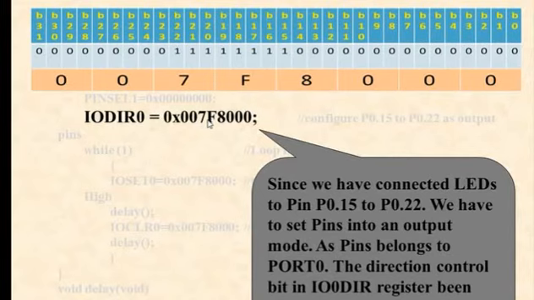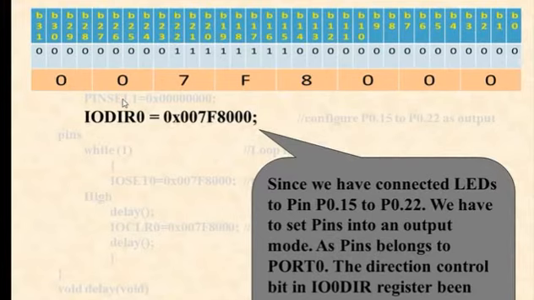In PIC the TRIS register is the same as in 8051 style, where 1 means input and 0 means output, but here it is the opposite: 0 means input and 1 means output. So you can set your code as per your requirement, which pins you want as input and which as output.